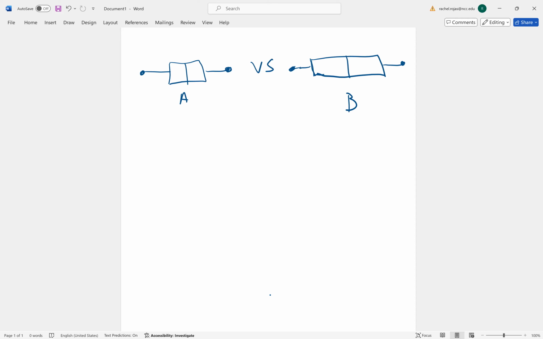So there's more variability in this distribution because the box is longer. Whereas in box plot A, the box or the rectangle is shorter, so there's going to be less variability within the distribution.